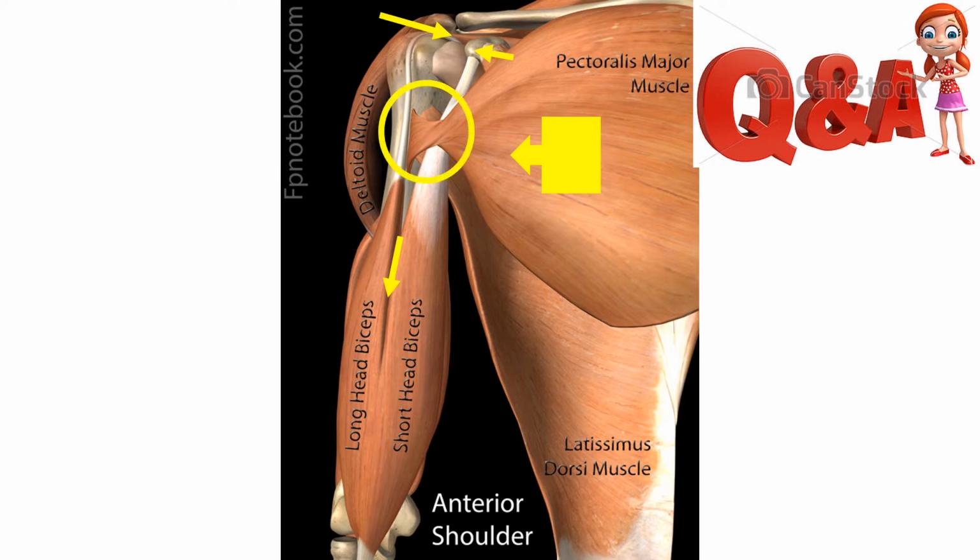The pectoralis major muscle is going to be inserted into the lateral lip of the bicipital groove, but it passes between the two heads of biceps brachii, and this is the long head coming down, and this is the short head coming down and joined together.